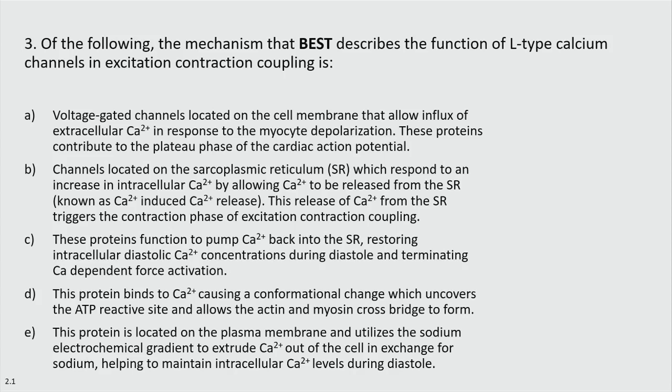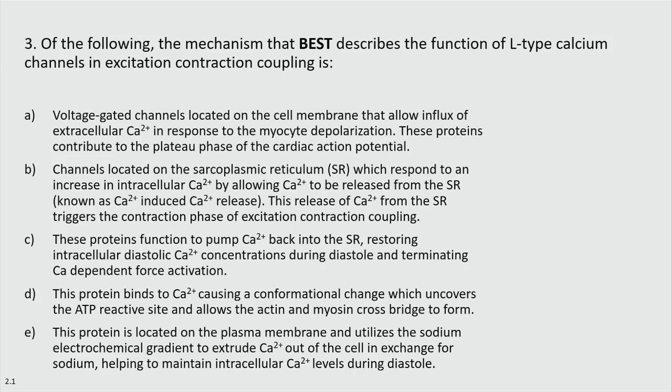Option B, channels located on the sarcoplasmic reticulum, which respond to an increase in intracellular calcium by allowing calcium to be released from the sarcoplasmic reticulum, known as calcium-induced calcium release.